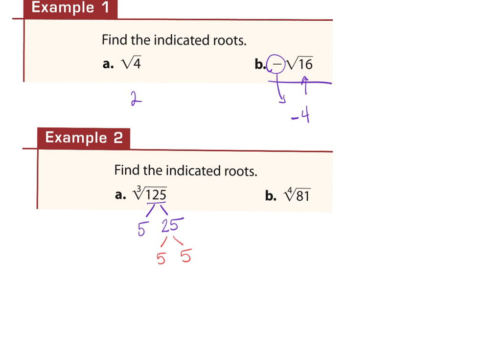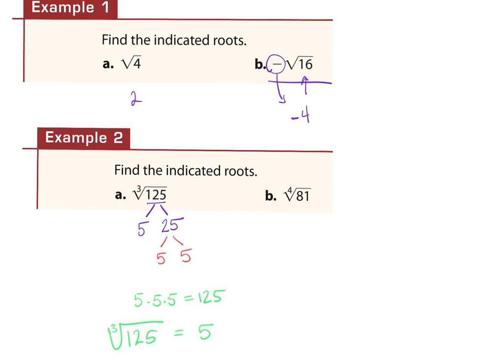And now you can see that all of my numbers here are primes, right? You can also see what my cubed root of 125 is. The number that you multiply 3 times to get 125 is going to be 5. 5 times 5 times 5 equals 125, which means the cubed root then of 125 is 5.